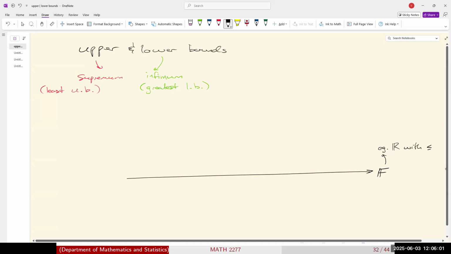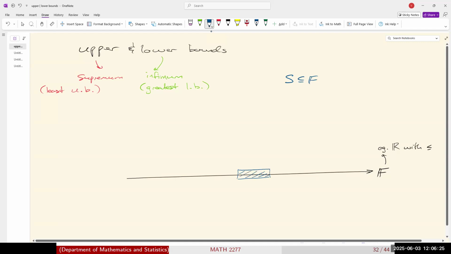The situation is we are in an ordered field and we have some set S. Let's say S is some subset of this ordered field. The example I usually like to give is an interval, but again, the set S does not have to be an interval. For example, you could have some of this set over here.